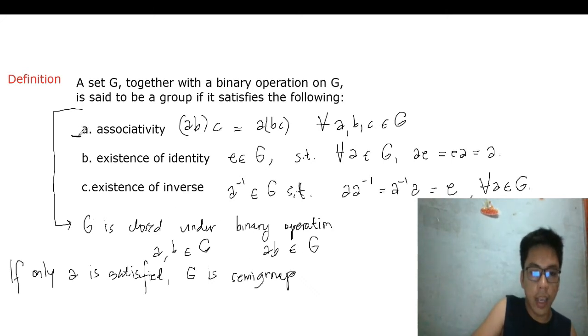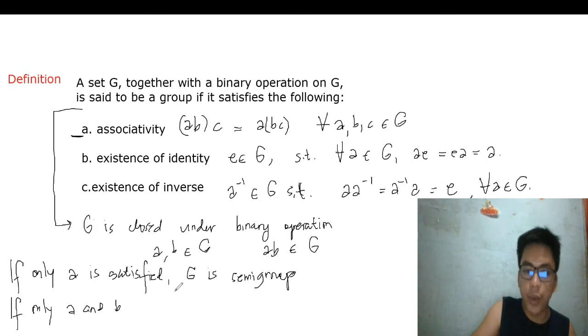Now, if only A and B are satisfied, but there's no existence of inverse, then G is not a group, but a monoid.